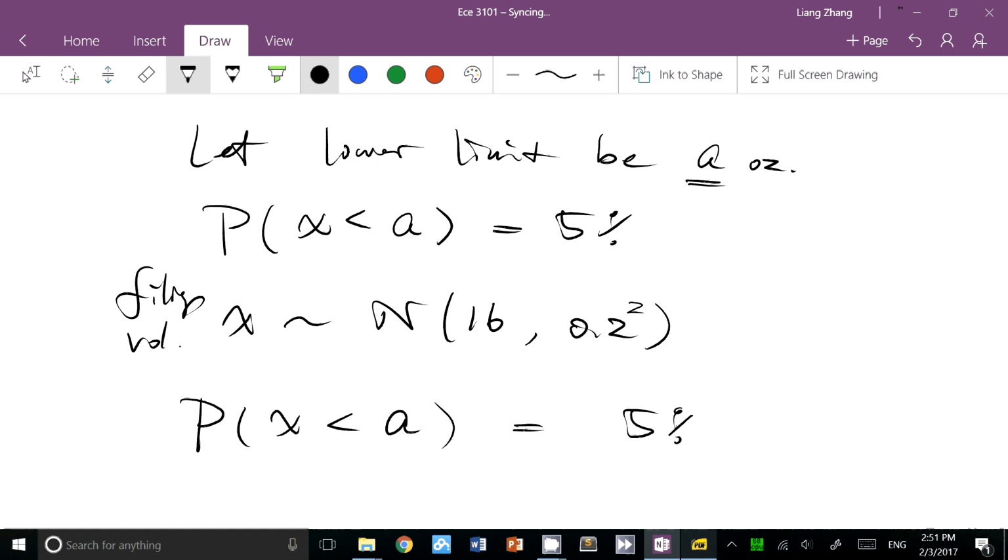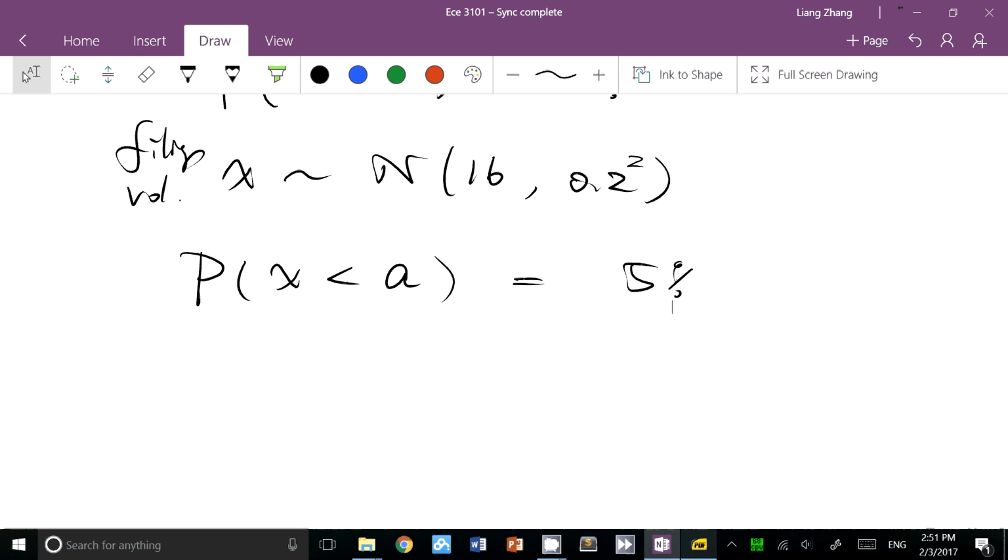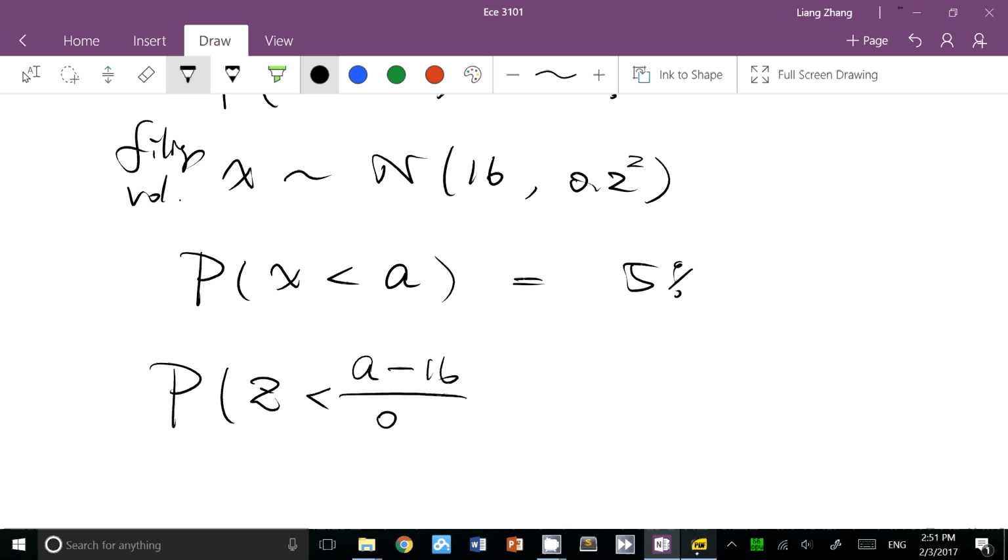Here the probability is already given, so you don't worry about the right hand side. What you need to be worried about is the left hand side. So we do the standardization again. We need the standard normal random variable, so replace X with Z. First standardize the normal random variable, then standardize the limit. The limit will be A minus the mean divided by standard deviation 0.2.